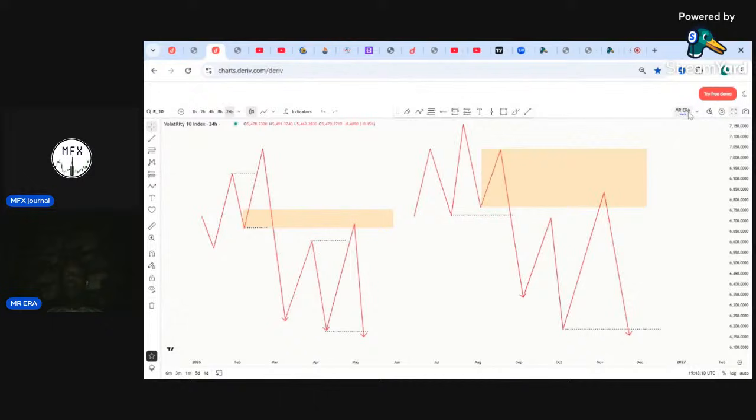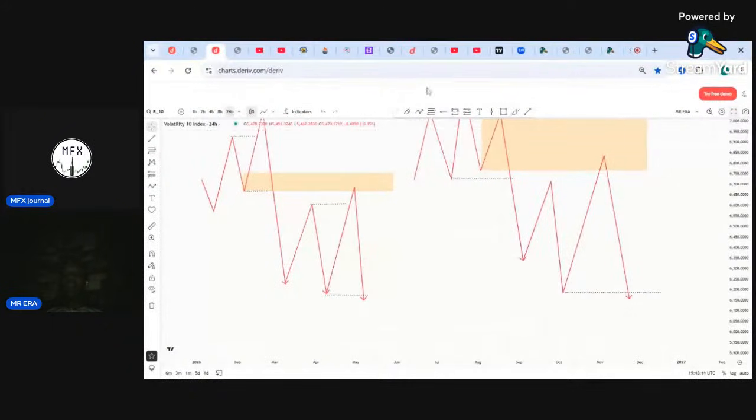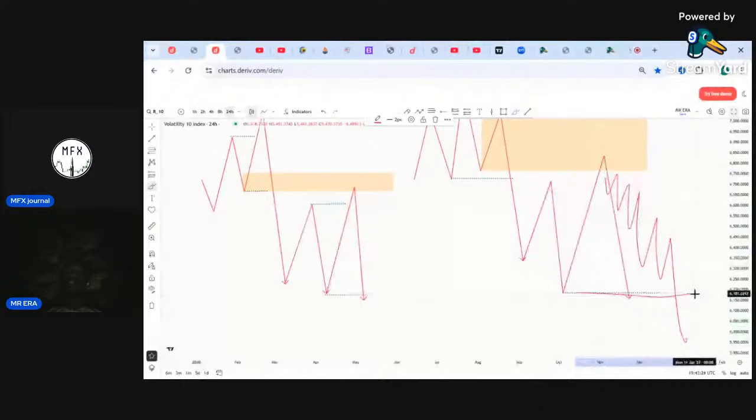Let's say you see this on a daily time frame, all you are going to do is to sell from your start point until it enters your finish point, sell this, sell this, sell this.